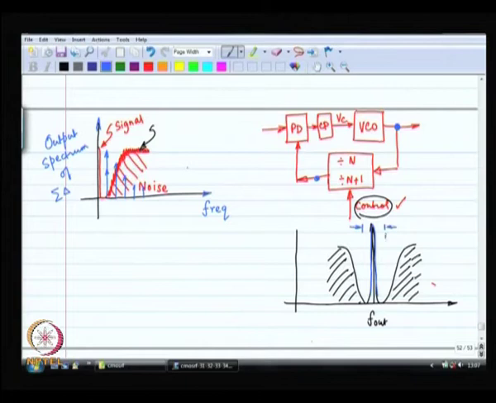So, within that loop bandwidth, the phase noise of the reference is going to be tracked by the VCO, rather the VCO phase noise is irrelevant. Outside that, the VCO phase noise kicks in.